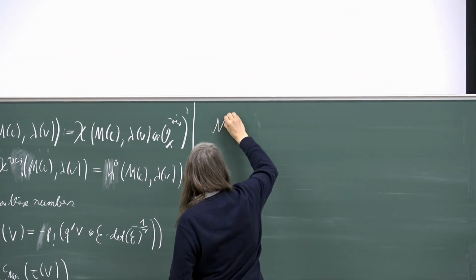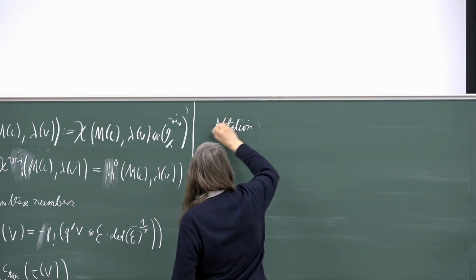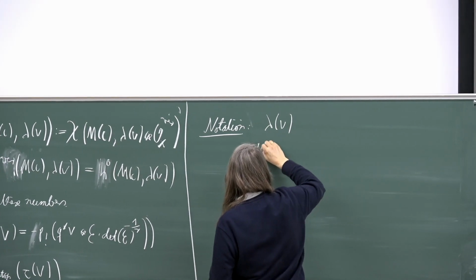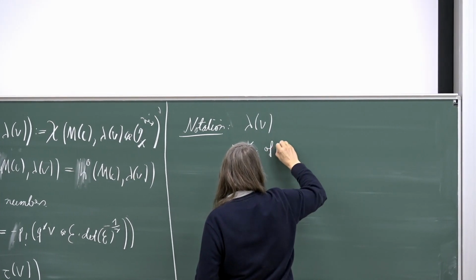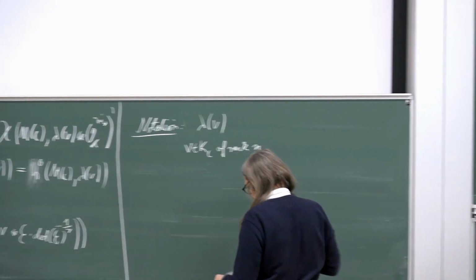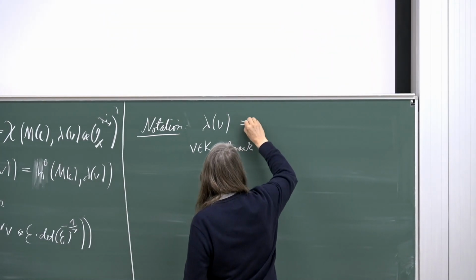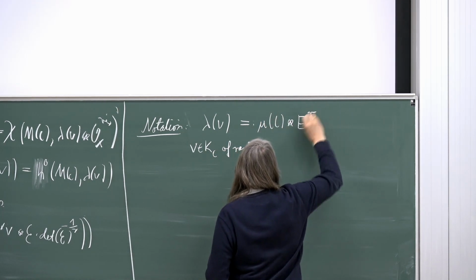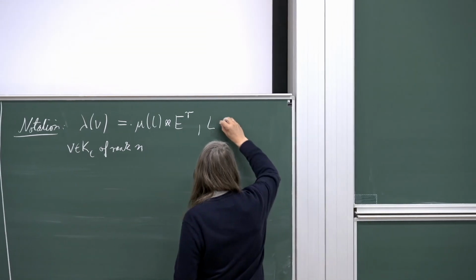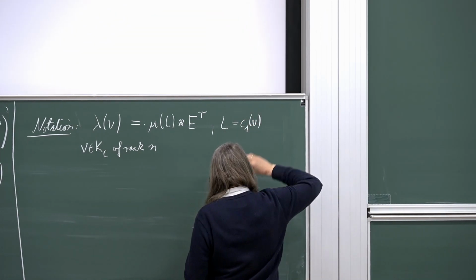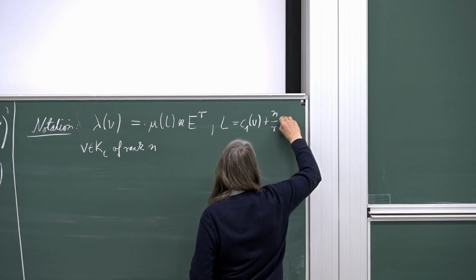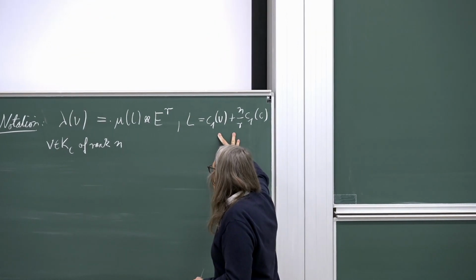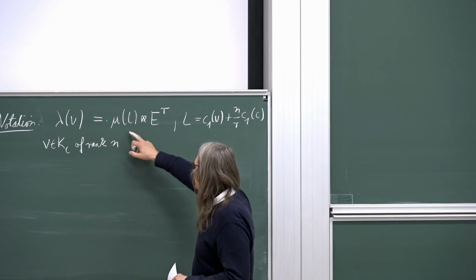I should say, as a notation, I write this lambda_V, for V in K(S) of rank n, as mu of L tensor E^R, for L equal to the first Chern class of V plus n divided by R times the first Chern class of K_C.